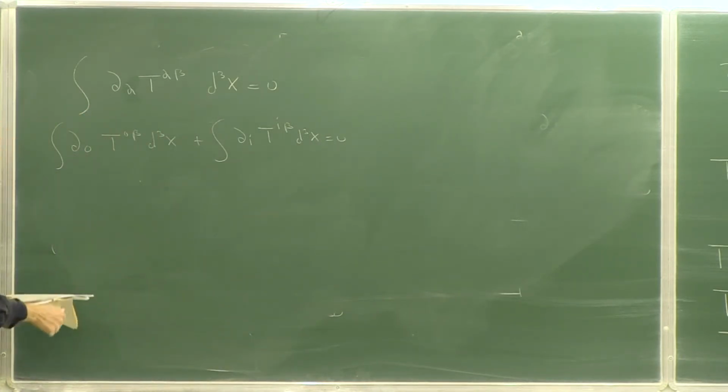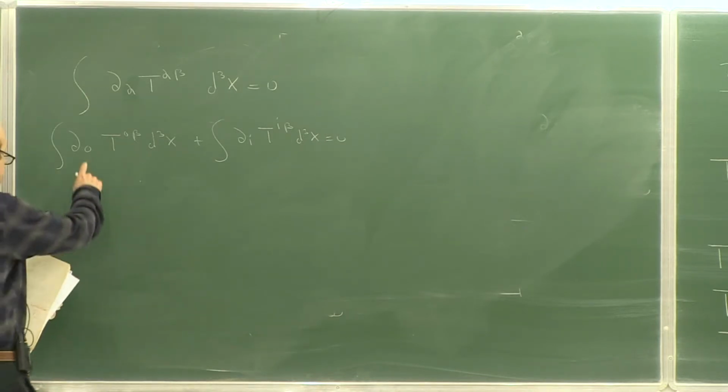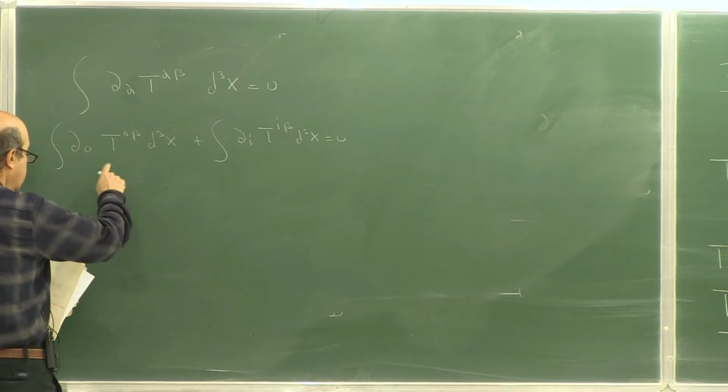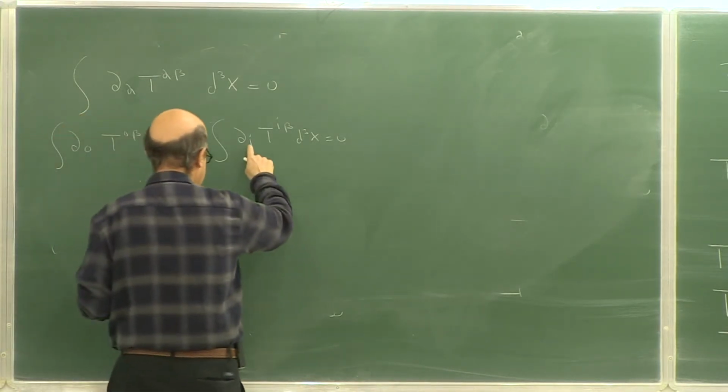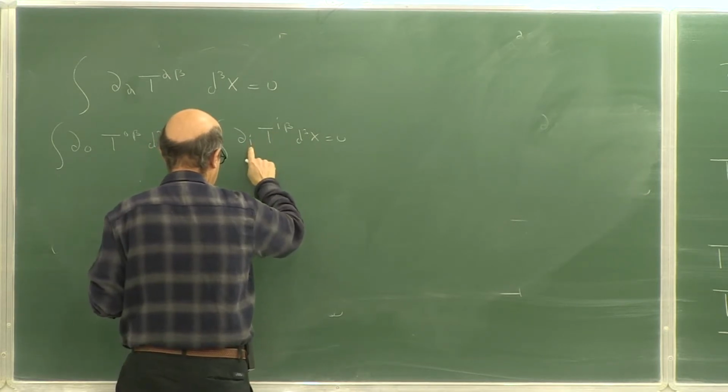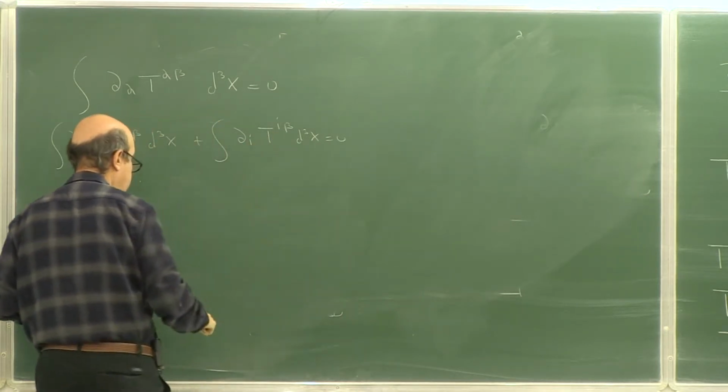Basically I take the 0 component and the rest is 1, 2, 3. So that is del over del x, del over del y, del over del z.